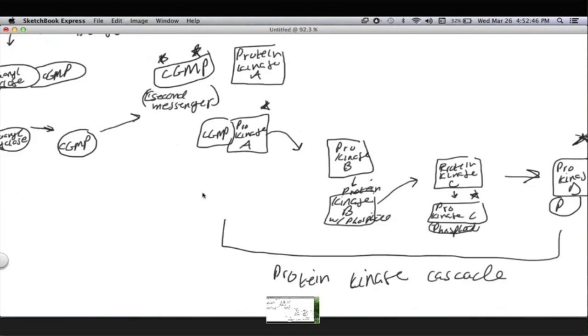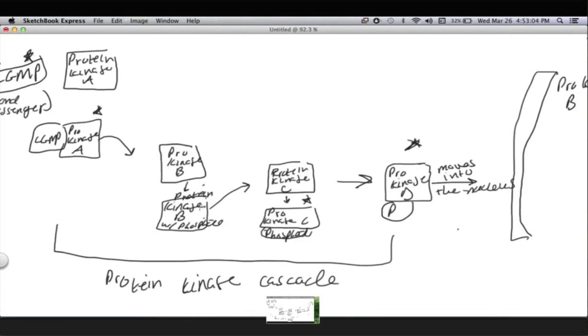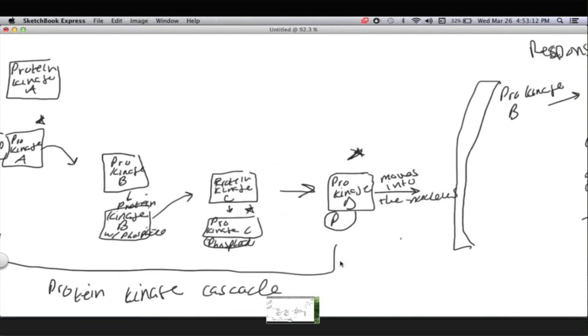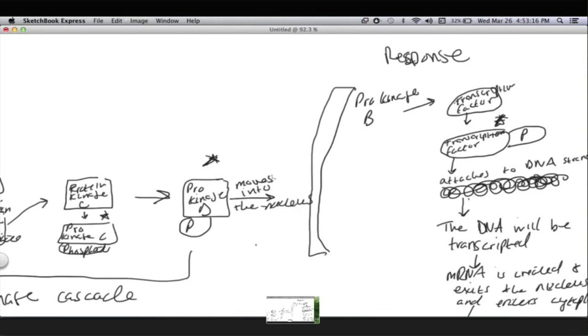That'll activate the protein kinase A, and then that protein kinase A with the attached cGMP is going to bring a phosphate over to protein kinase B, activating that protein kinase. Then protein kinase B will attach a phosphate to C, activating C, and then however many times it has to do it, once it gets to the last one, protein kinase with a phosphate is going to enter the nucleus.